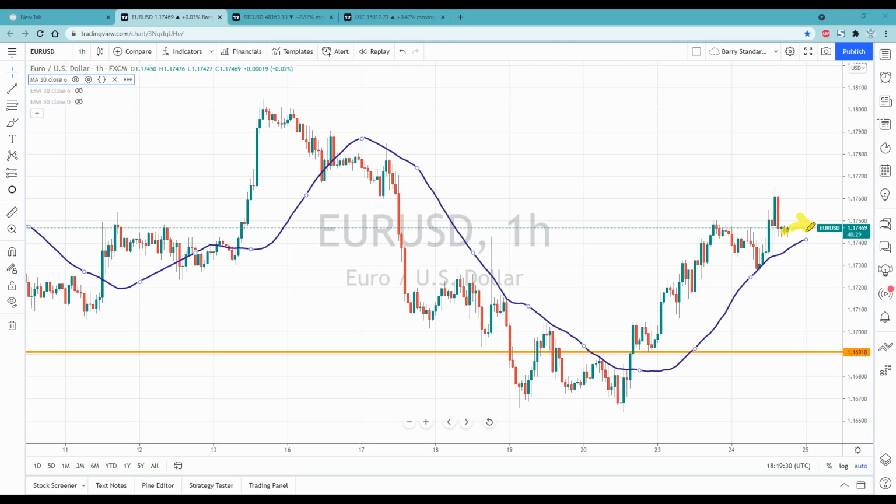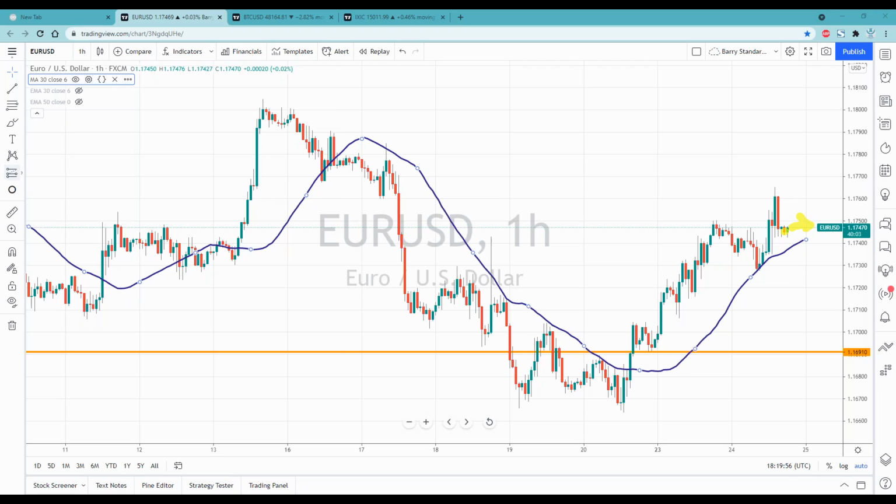Okay. Now you can use whatever displacement you want. I use a 3 period displacement. So in other words, because my moving average is already 1 hour behind, because if I'm looking at a 1 hour chart, it's already 1 hour behind, I wanted to help predict the future, so I'm displacing it by 3.